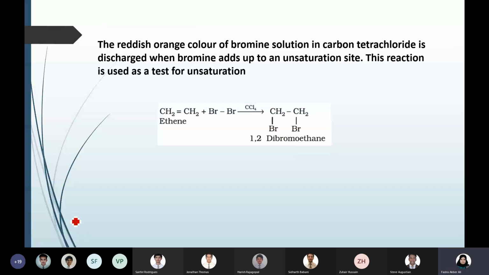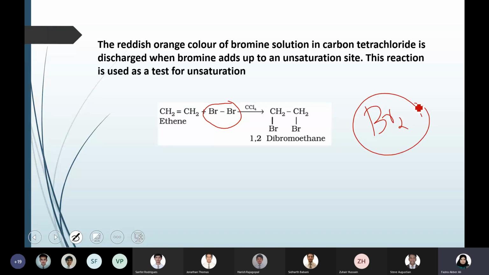In this electrophilic addition, as I said, you can add chlorine, bromine, iodine, etc. But the addition of bromine has high importance in this regard because among halogens, bromine is the only substance which is in liquid state.